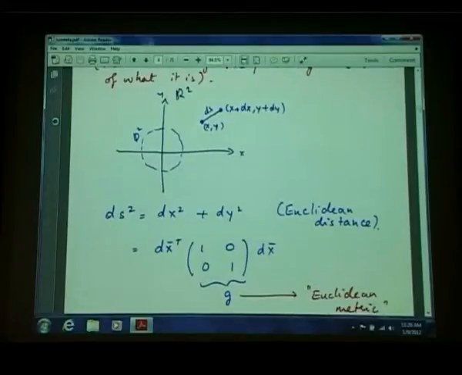To give you an idea, just look at the plane. The Euclidean plane comes with this notion of Euclidean distance.